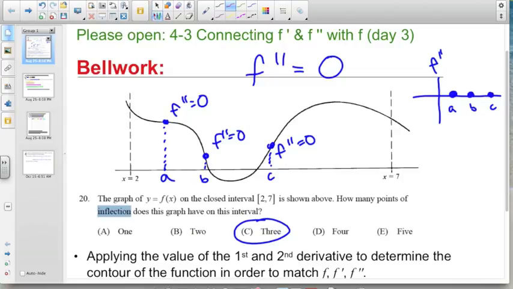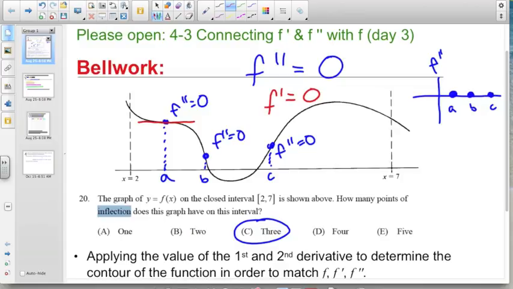Not that this has anything to do with this multiple choice question, but let's talk about the first derivative test, right? Where is my first derivative equal to 0? How many of those locations do I have on this function? 3. Where are they? Okay.